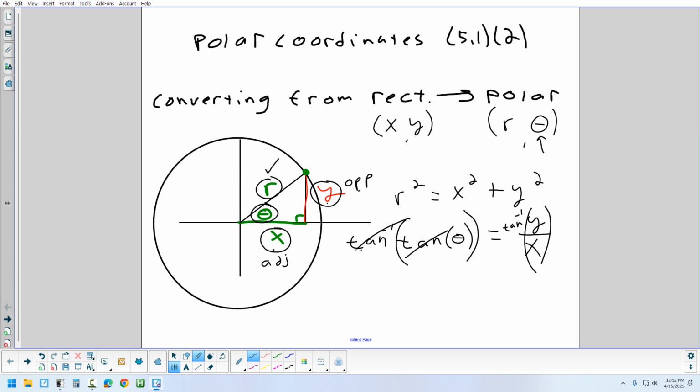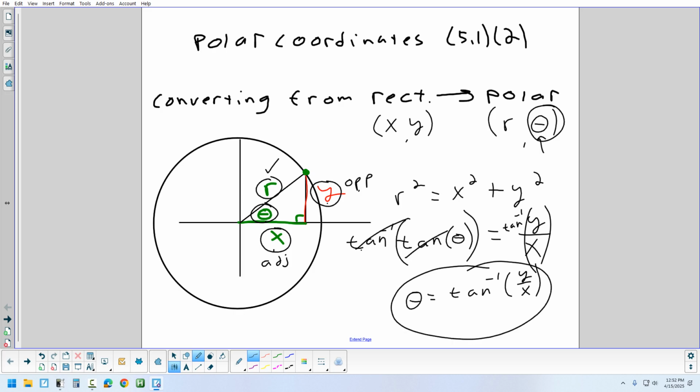That's gone. And what's by itself on the left? Theta. So your angle that you rotate, this part right here, is the inverse tangent of Y over X. So that's really where your formulas are coming from. That one and that one. We need to talk a little more about that one because there's something that can happen. But I'm going to write that down on the next page.